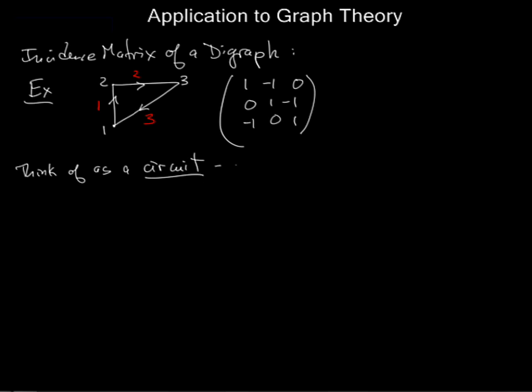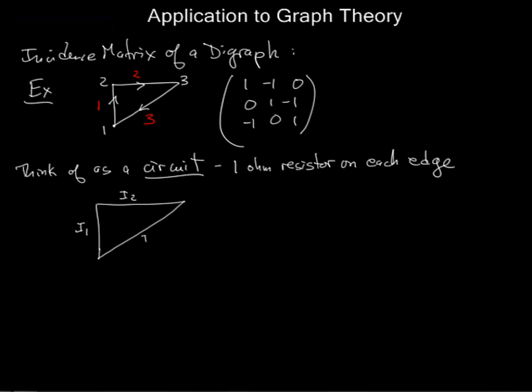And we're going to be thinking of this as an electrical circuit. I'm not going to be too precise here, but think of current flowing around the circuit, and if you want, you should think of there being a resistor of a fixed size on each edge.